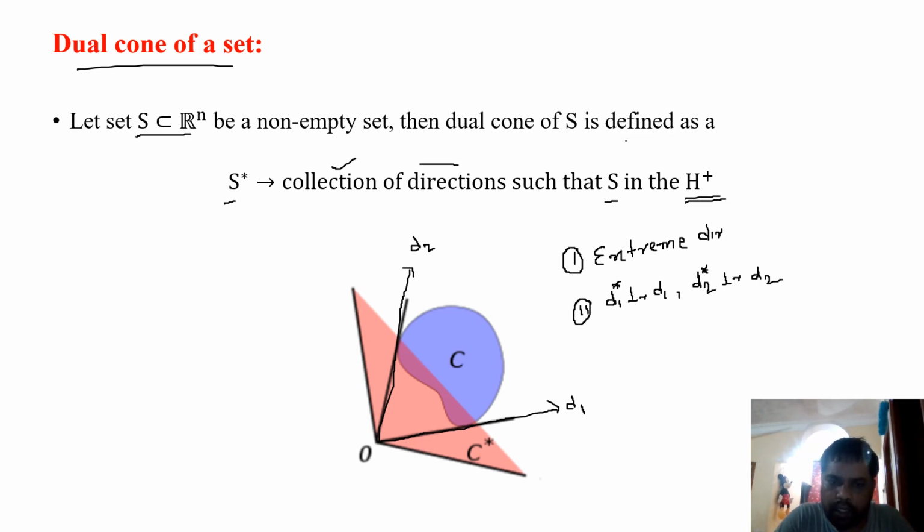This is D1 star, perpendicular to extreme direction D1. Then find the perpendicular direction of D2, that we denote by D2 star.